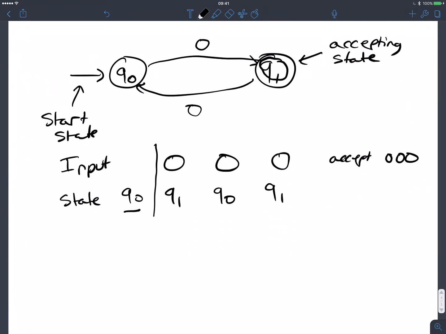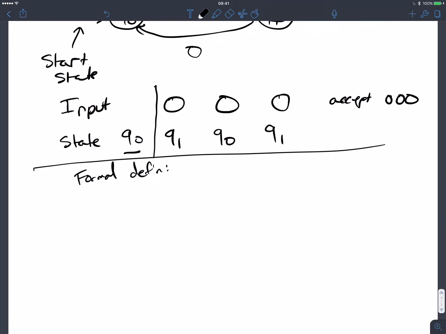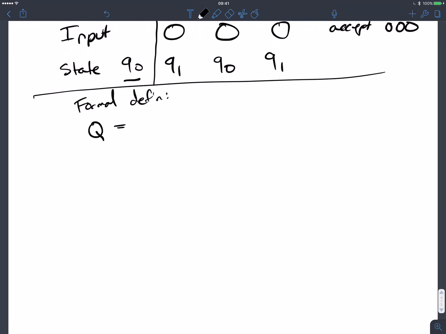So now let's do the formal definition of this guy. In order to formally define this two-state machine, we gotta define all 5 parts. So I'm gonna skip delta for now. I'll get back to it.